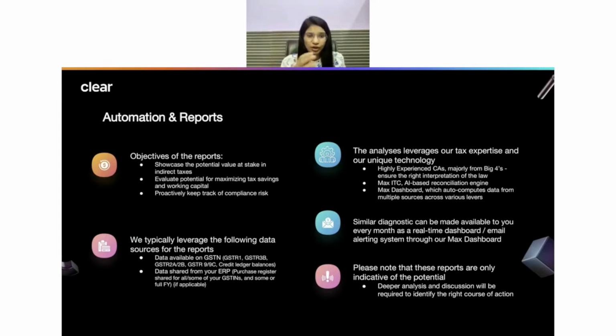If you're already using ClearText, you're already running a reconciliation between 2B and the PR. The value which is coming in 3B will also show what the document behind it was, so that tomorrow when the department comes with a notice, you will be able to respond with a proper reply: hey, these are the documents, and I know that this has been reconciled with this document, and accordingly I have claimed the ITC in my GSTR-3B. So you can always do that, right?